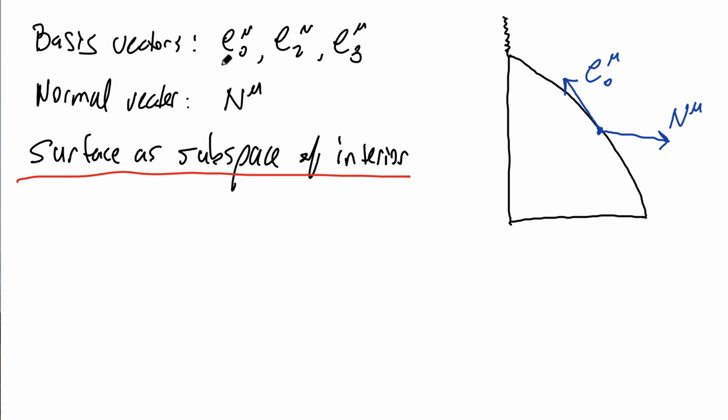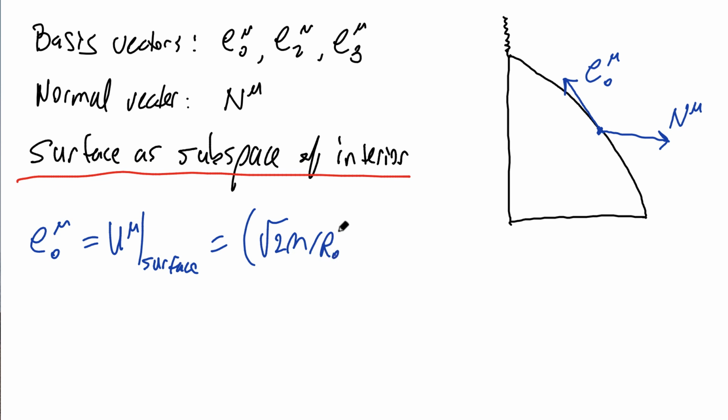Let's start by constructing this unit vector E0. This is easy. This is a unit vector along the surface of the dust in the plane perpendicular to the two spheres. So this is just the forward velocity of the dust at the surface. If you'll recall, that's equal to square root of 2m over r naught cubed times cosine to the minus 2 power of eta over 2.